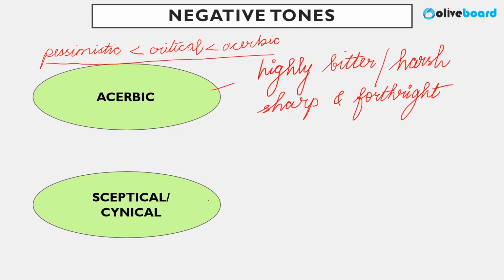Skeptical or cynical is always doubtful. So this is again a common tone type which you will see in your option choices. Okay, what is skeptical tone? When the writer has this attitude towards the subject that things are not going to be changed. So the writer is very, very doubtful, or you can say mistrustful, about the subject.